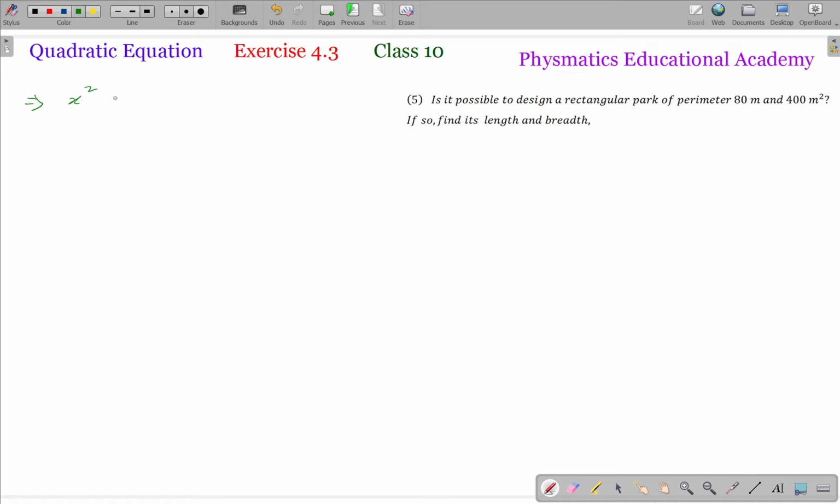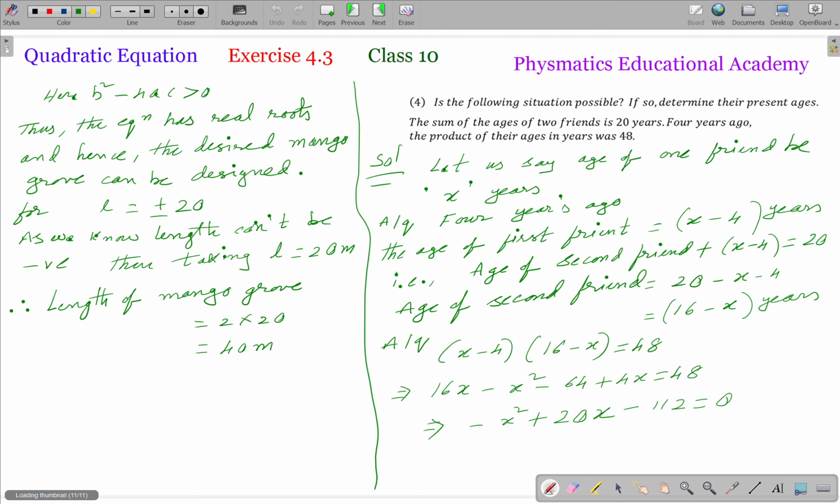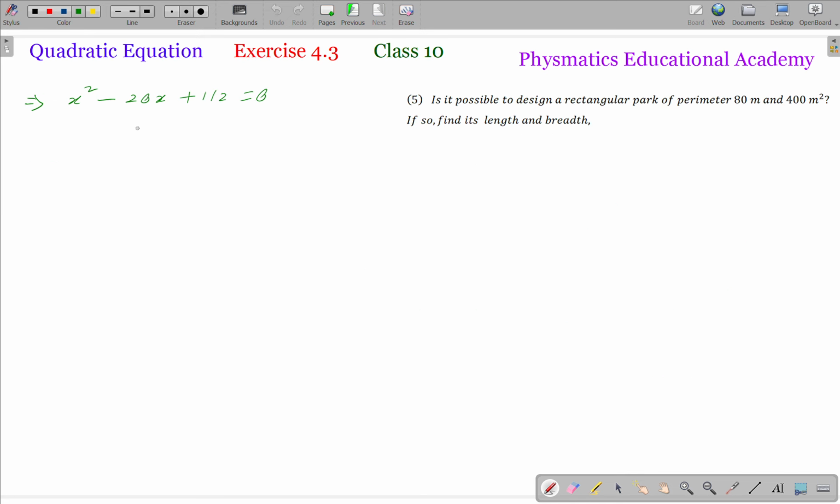Then further simplification, x square minus 20x plus 112 is equal to 0.